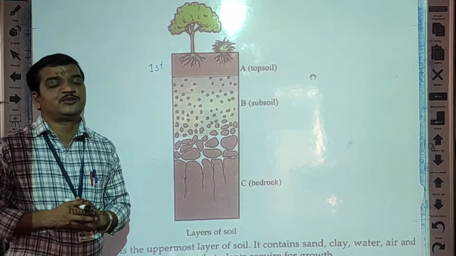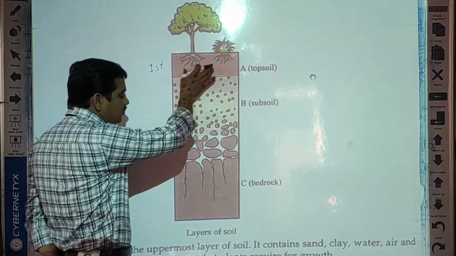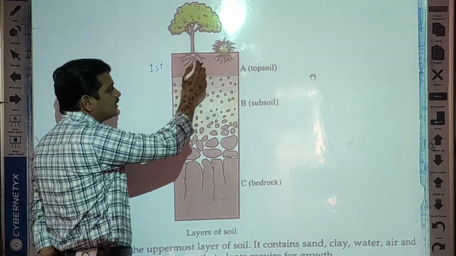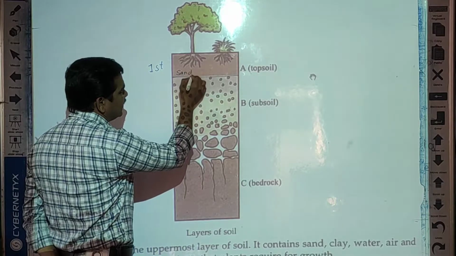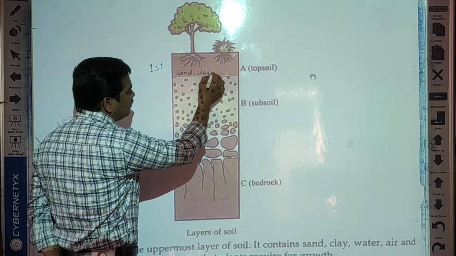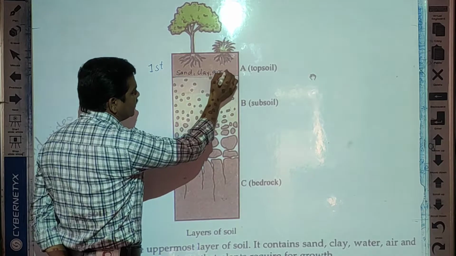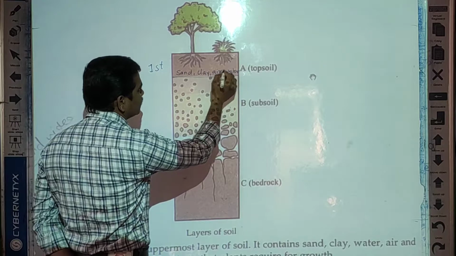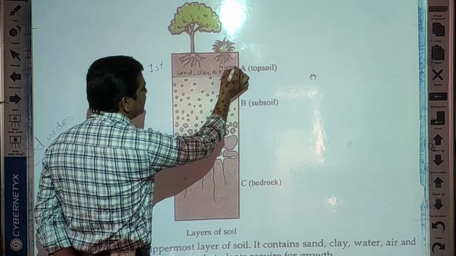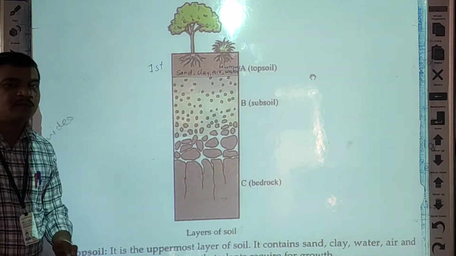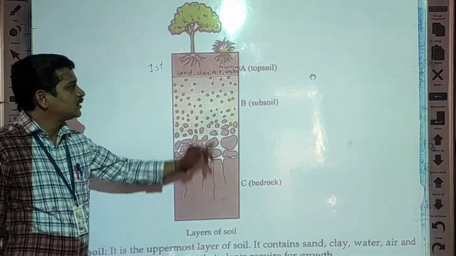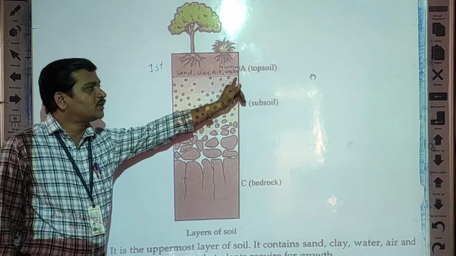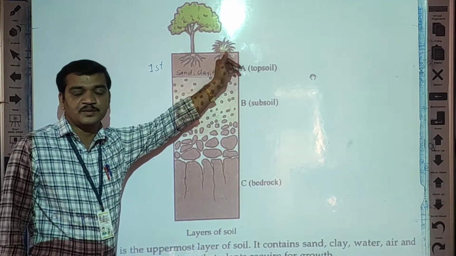Second point you can make like this. This soil consists of sand, clay, air, water and humus. See here, this soil contains, or it consists of, sand, clay, air, water and humus.